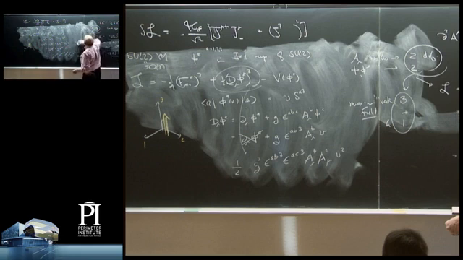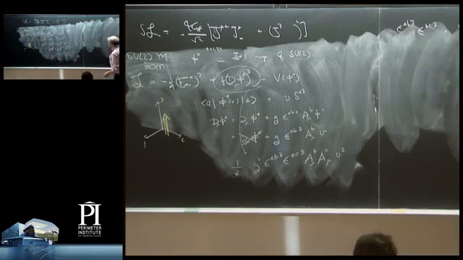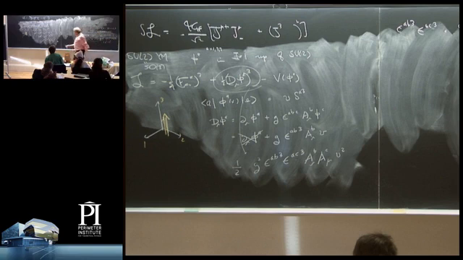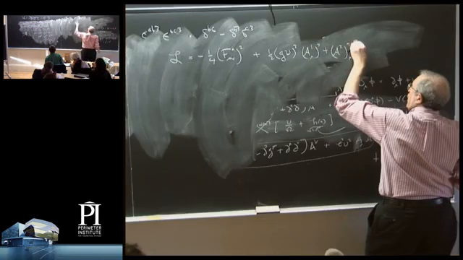This is now getting interesting, because if I work this out, the square of an epsilon symbol, remember, is delta BC delta 3,3 minus delta B3 delta C3, which is to say it's 1 when B equals C equals 1 and 2, but it's 0 when C equals 3. So the final Lagrangian that I get is something like this.